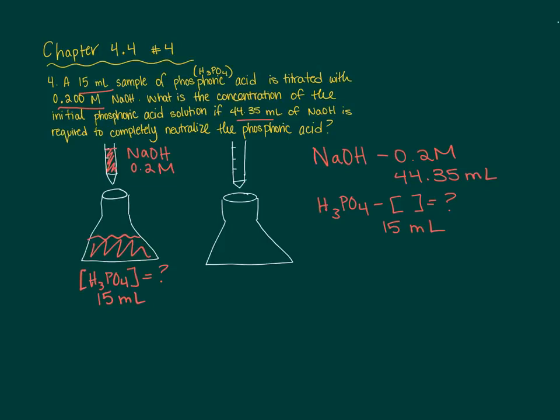So once we start the titration, we're going to let our NaOH start dripping into the flask with the acid. So we have an acid that's going to be reacting with a base, and this is called an acid-base neutralization reaction. So let's write out the reaction occurring in the flask.